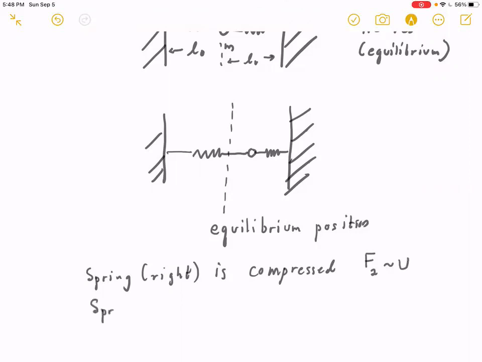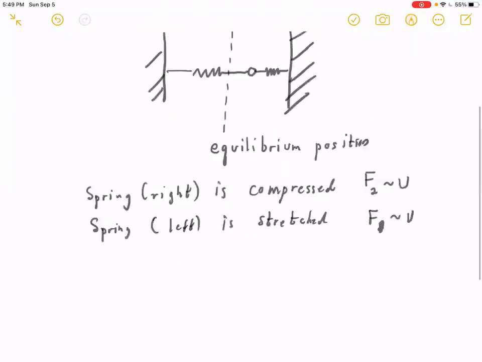The spring to the left is stretched, so there's a force F sub 1, which is due to the displacement of the mass from equilibrium. But note that the displacement of the mass from equilibrium is greater in the stretched case than in the compressed case. So the magnitude of F sub 1 in this new case is going to be greater than the magnitude of F sub 2.